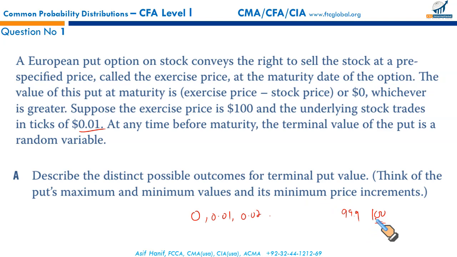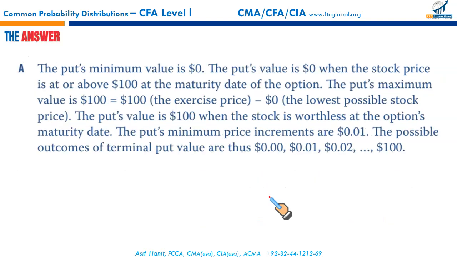So it could be from a minimum of 0 to a maximum of 100, and it can assume any of these numbers as I've listed, with a progression of 0.01 in each subsequent term, right? So these are the possible outcomes of terminal put. That's what you need to know.